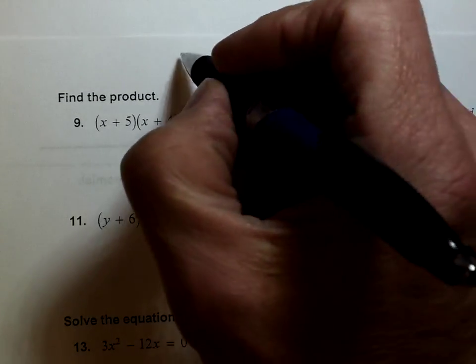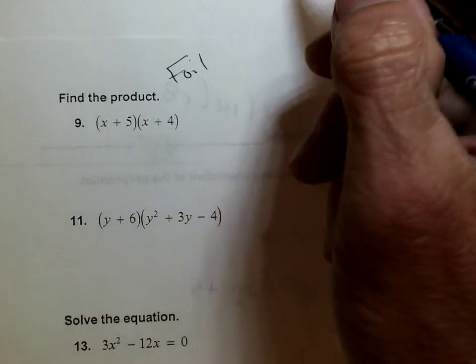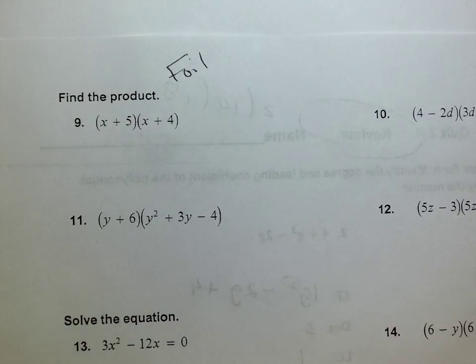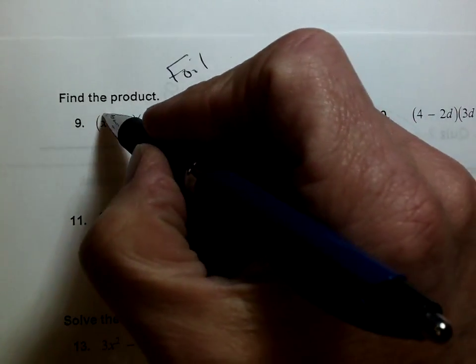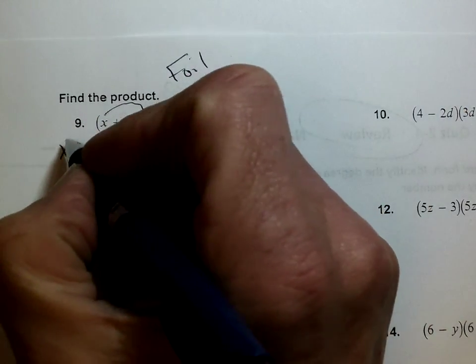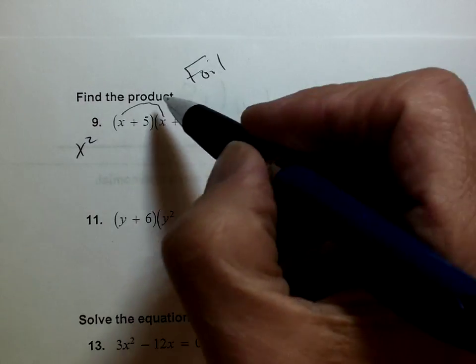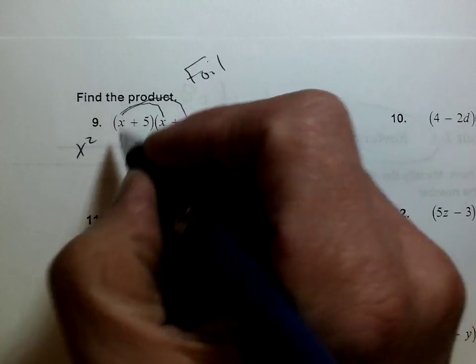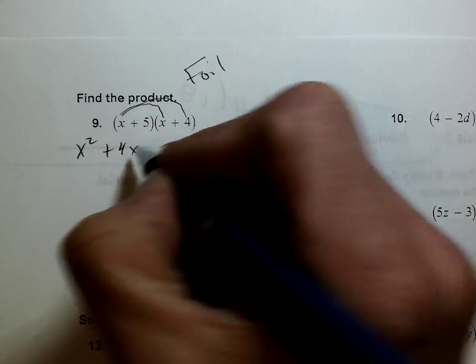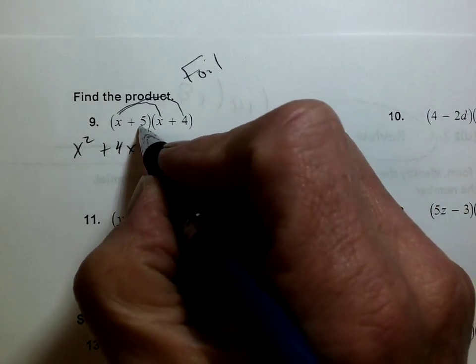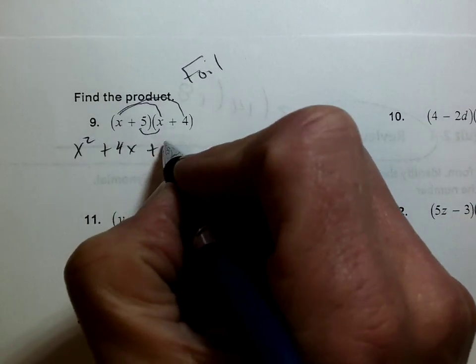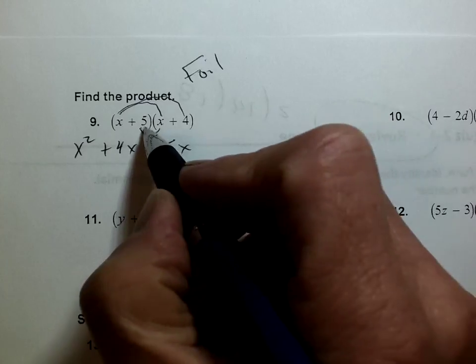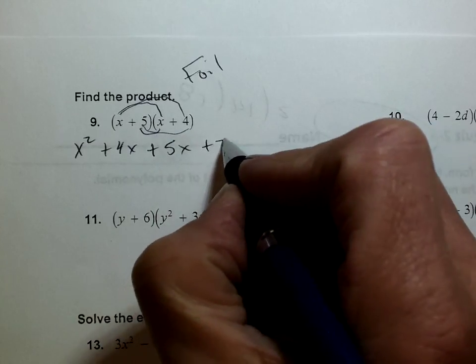Okay, number 9. Okay, this is FOIL. Okay, real quick. X times X. Good, let's say it one more time. X times X. There we go. So X times X is X squared, right? X times 4 is a positive 4x, right? 5 times x, a positive 5x. 5 times 4 is a positive 20, right?